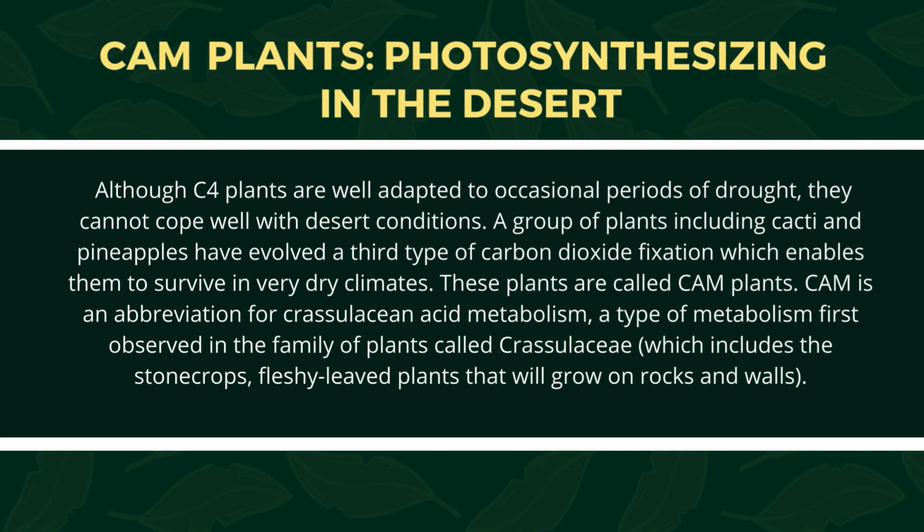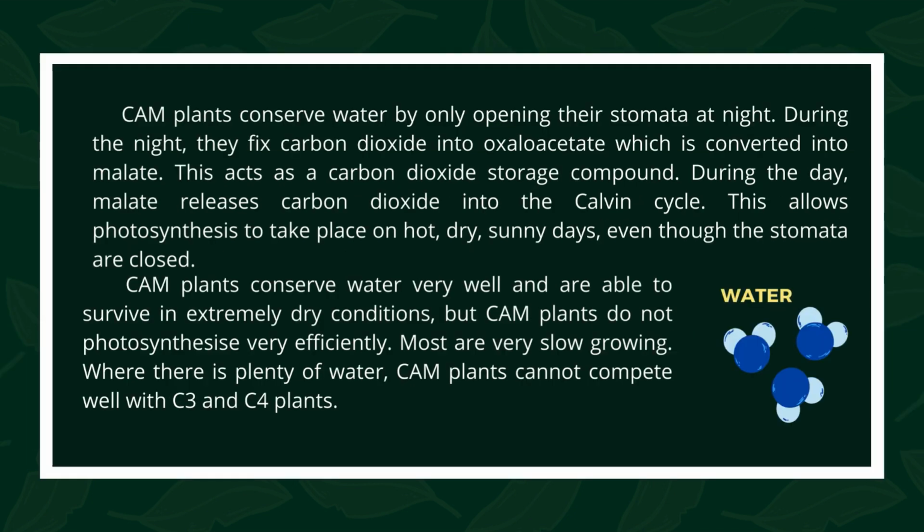CAM is an abbreviation for crassulacean acid metabolism, a type of metabolism first observed in the family of plants called Crassulaceae. CAM plants conserve water by only opening their stomata at night. During the night, they fix carbon dioxide into oxaloacetate, which is converted into malate.